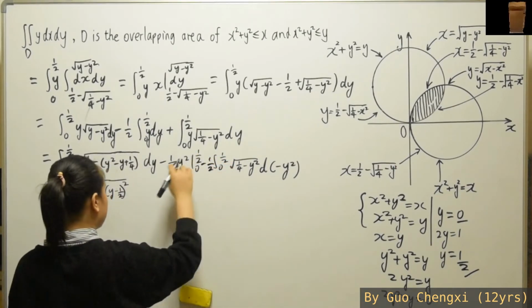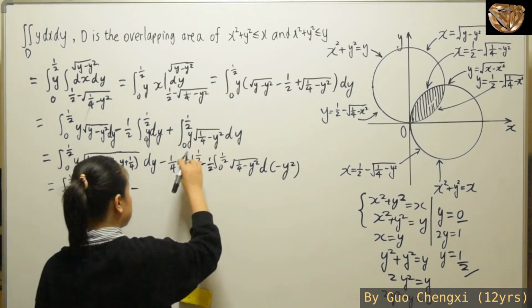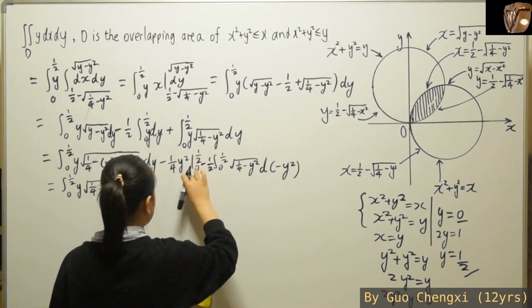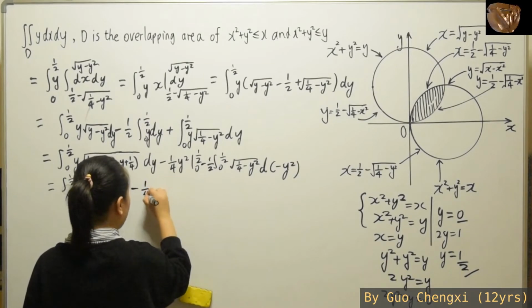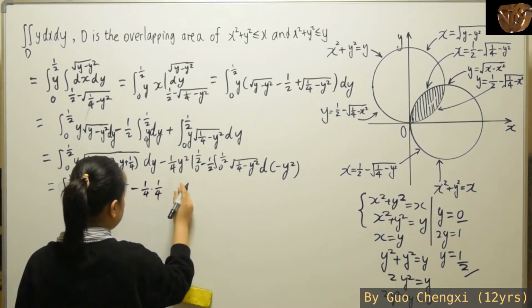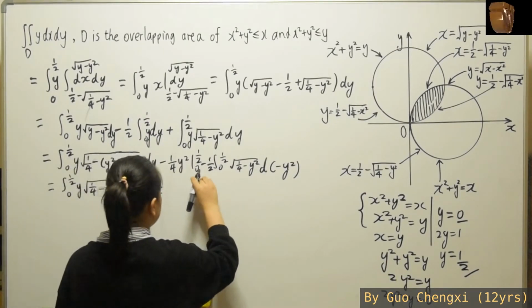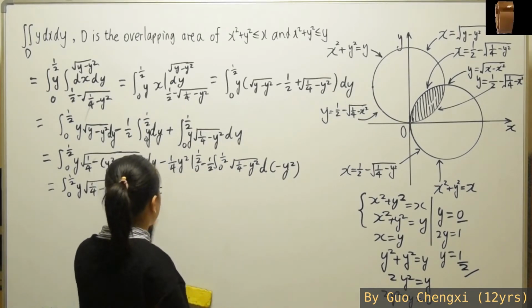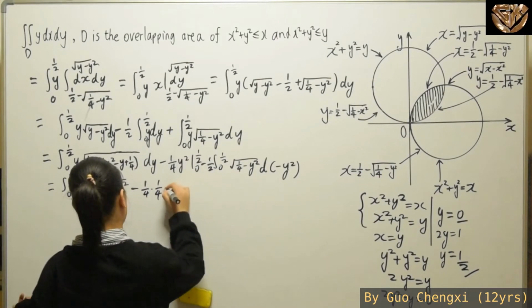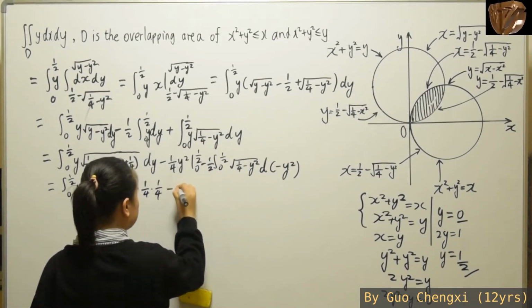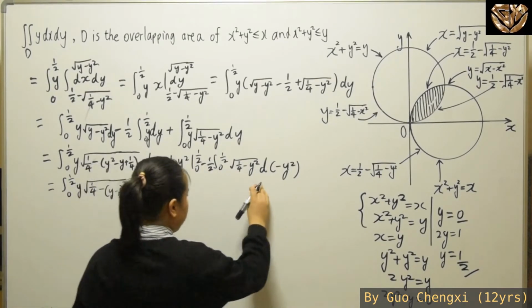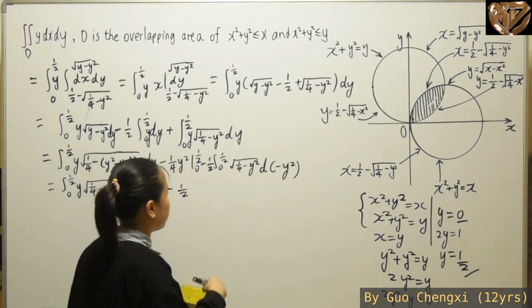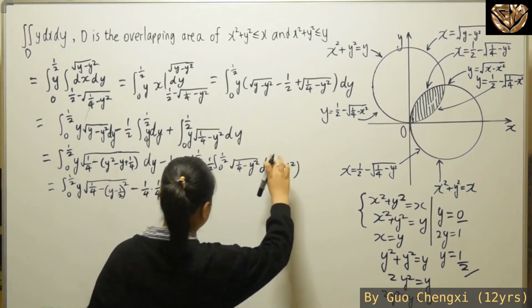Well, for this you can straight up substitute this part inside already. So when you substitute this part inside, it will become 1 over 4 times 1 over 4, basically half square, minus the 0 part, which will end up with a 0, so nothing's going to happen, so you can ignore it. Then for this part, minus half, having this 1 over 4 is basically just a constant added on.